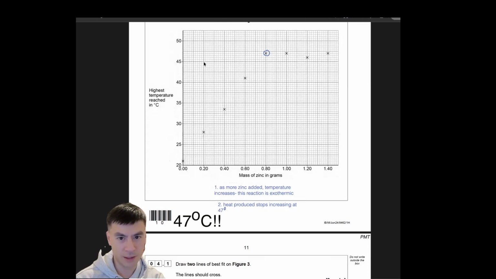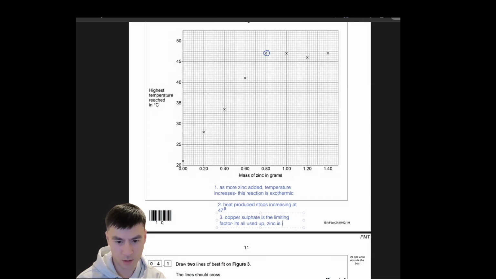It can't go any further. So what is the limiting factor? I keep adding zinc, so zinc is not the limiting factor, which means copper sulfate is the limiting factor. So number 3, copper sulfate is the limiting factor. What does limiting factor mean? It's all used up.